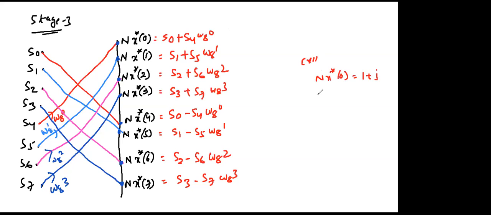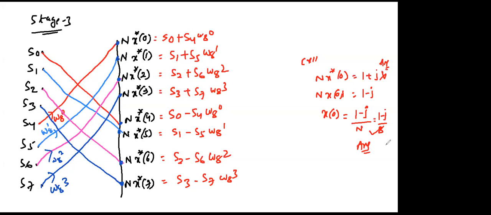First take the conjugate, means N X of 0 equals 1 minus j. First take the conjugate to remove this conjugate. Then divide by N. So X of 0 is 1 minus j divided by N. What is the value of N? 8, 4, whatever. This is your X of 0. The earlier value is not your answer. This is your answer. Getting or not, all of you? Yes, sir.